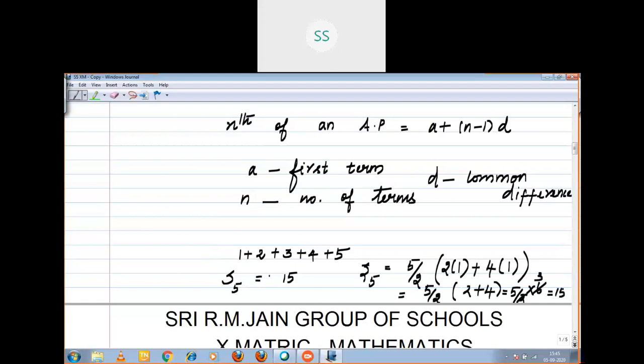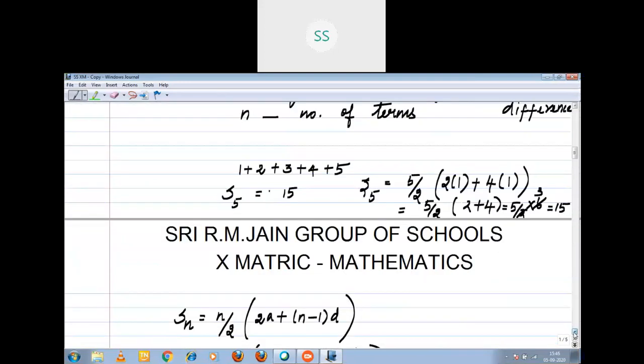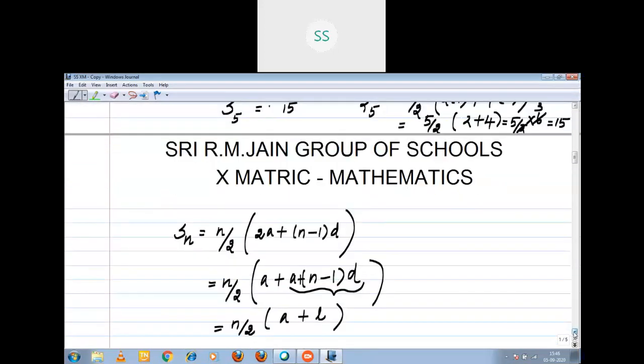Got it, children? If it is finite and simple, you can add it easily. I gave a formula, and whether the formula is correct or not, we check. What I arrived at here, 15, the same answer I arrived at using the formula also. For your verification, I did this.